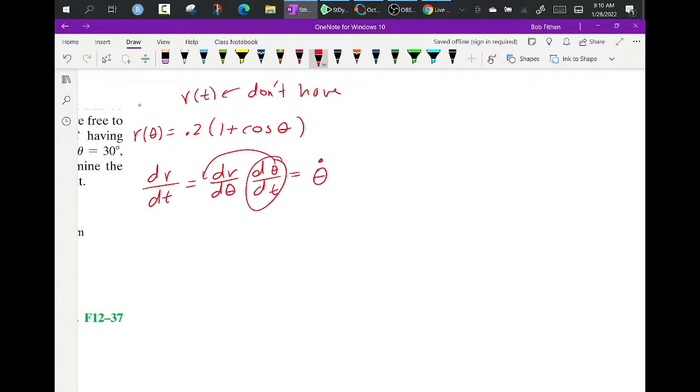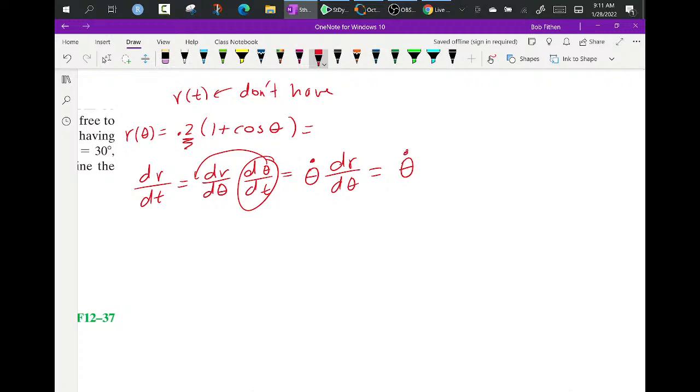Say theta dot times the derivative of r with respect to theta. I'll be fine leaving that as a constant there. Theta dot times the derivative of this, which actually could be written 0.2 plus 0.2 cosine theta. So you take the derivative of this, and you have to remember you're taking the derivative with respect to theta.